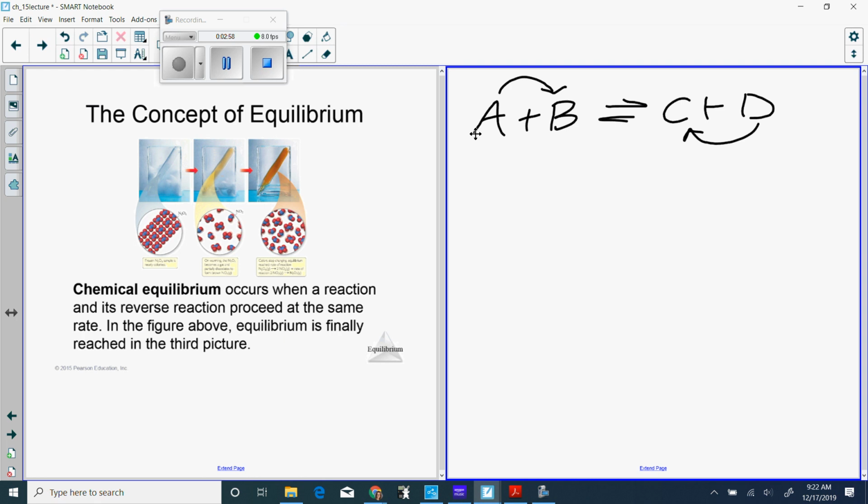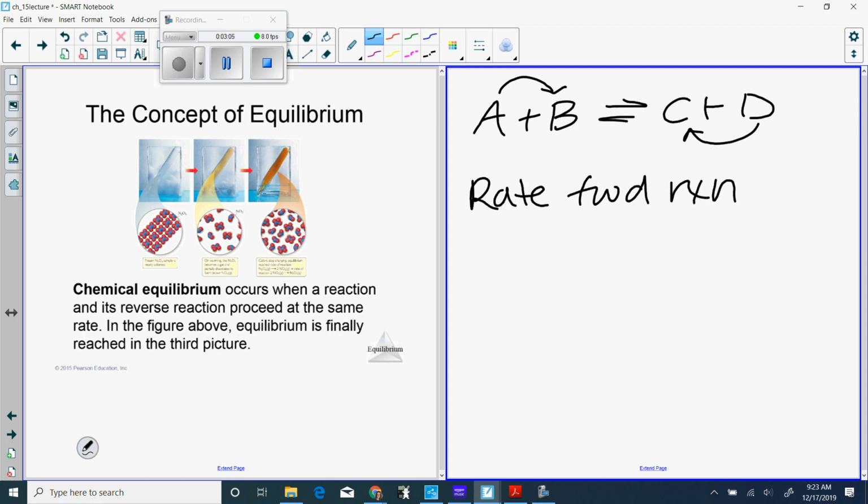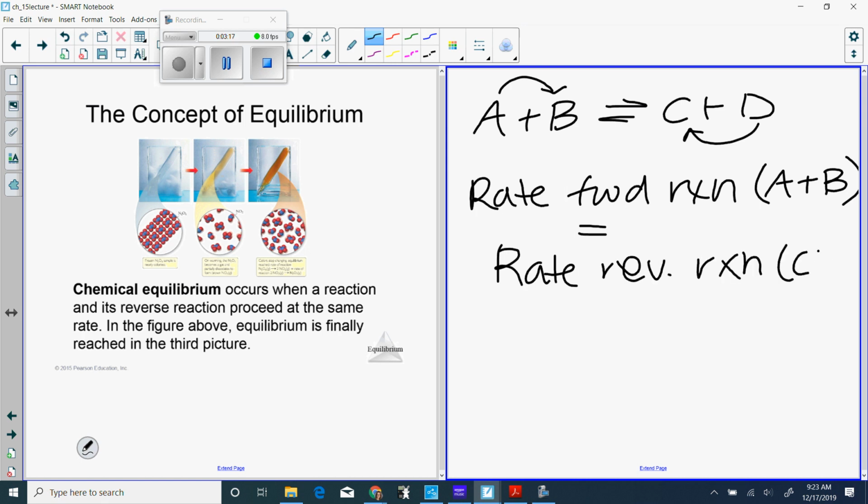Okay? So equilibrium is when the rate of the forward reaction, A and B, equals the rate of the reverse reaction, C and D. To our eyeballs, it looks like nothing.